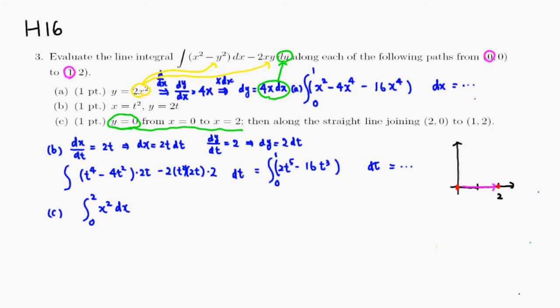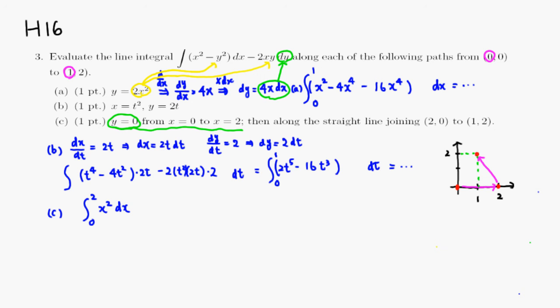Then it's going to go to (1, 2). So 1 is going to be right here, and 2 is going to be right there. So we're going to this point. It's going to go from here to that.